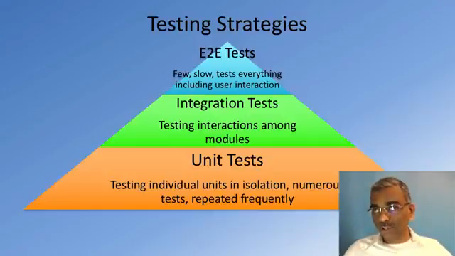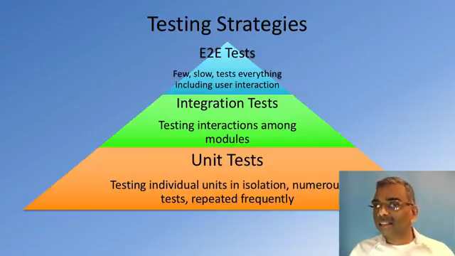That is the foundation on which you build your testing strategy, and that should always be done. Whenever you design a component, you automatically have to design the unit test along with that, so that you ensure that that particular component is doing its work as expected. That satisfies the base of your testing strategy.